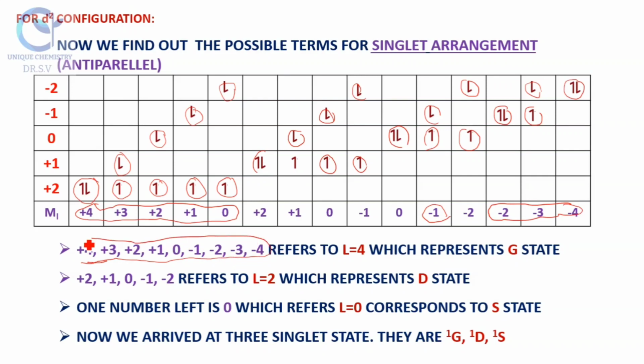This is the set of ML values that refers to L equal to 4, which represents the G state.